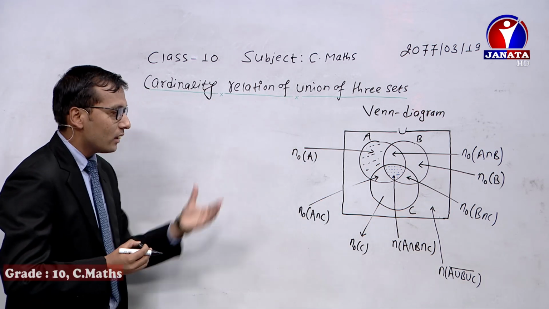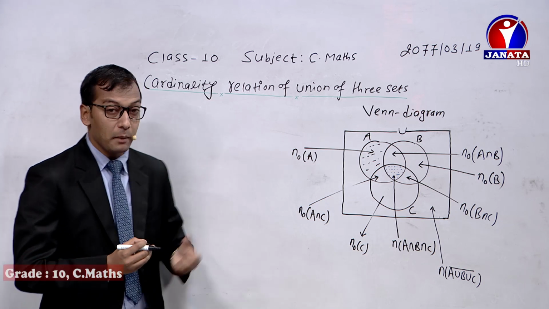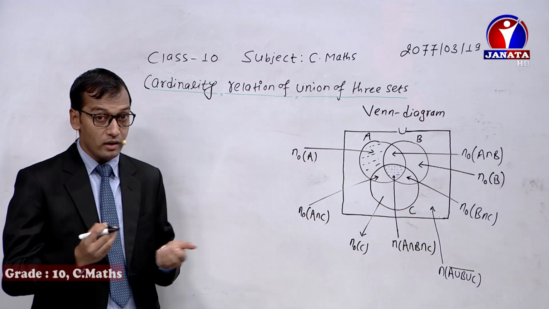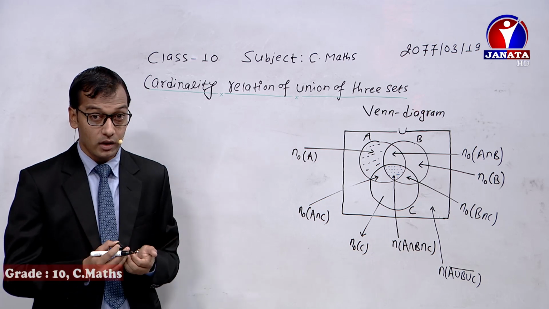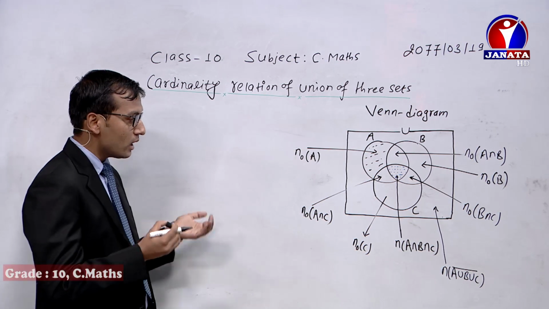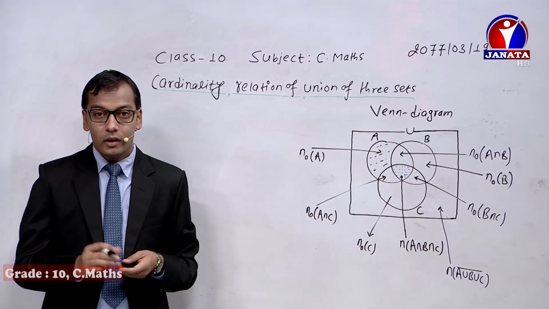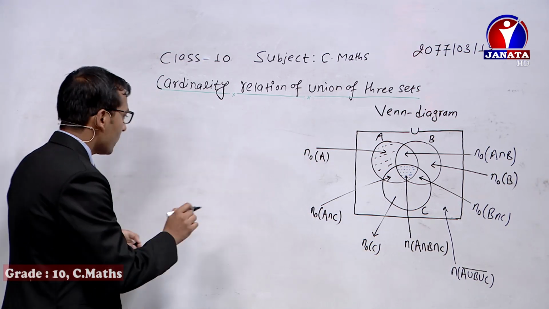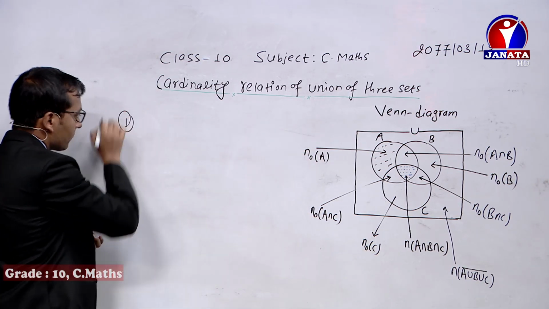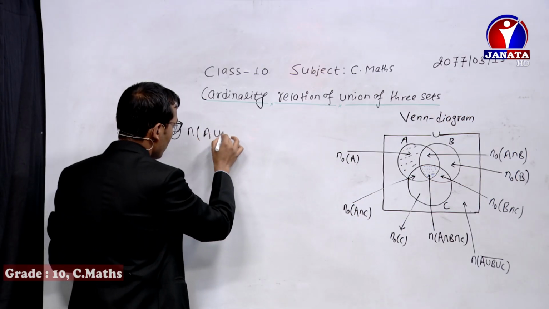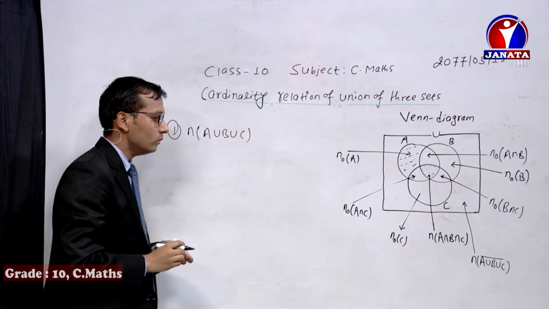So looking at this diagram, we can write some important points, some formulas we can derive, which we will use in the exercise and for the different questions that we will discuss. So let me begin with what n of A union B union C is.